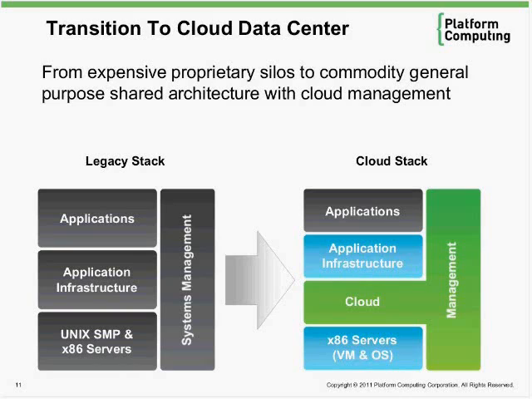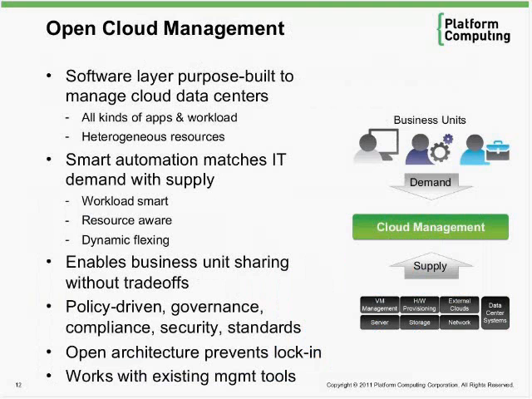What we have found in the cloud data center environment is that you typically have a whole bunch of commodity resources, x86 with VM and OS to go with them, servers, storage, and interconnects, and you want to run the same applications, maybe new applications. You have some application infrastructure, but then the new layer here in green is a cloud and management tools to go with the cloud infrastructure layer, right? So it's something new.